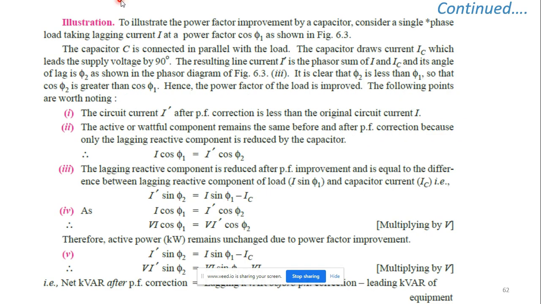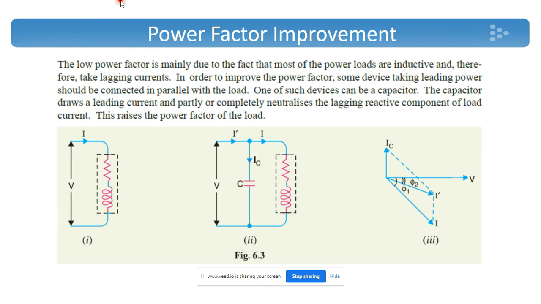This can be seen by equation. Here we can see that by adding the capacitor, there is no change in the active power output. Only reactive part of the current is changed.